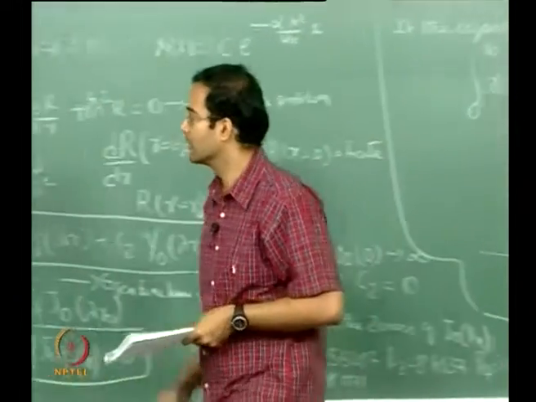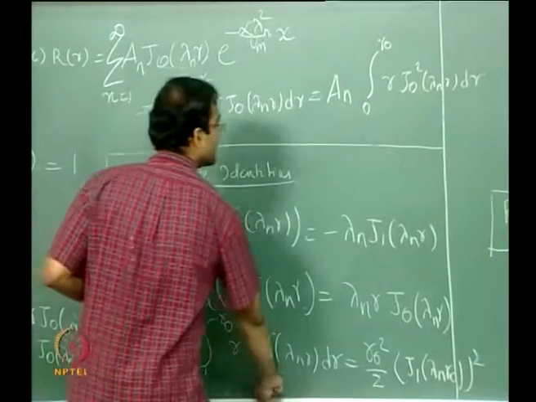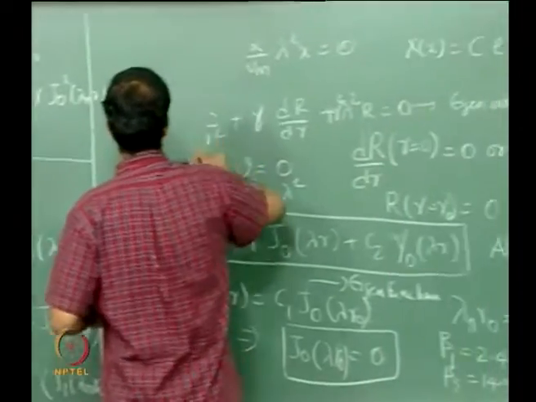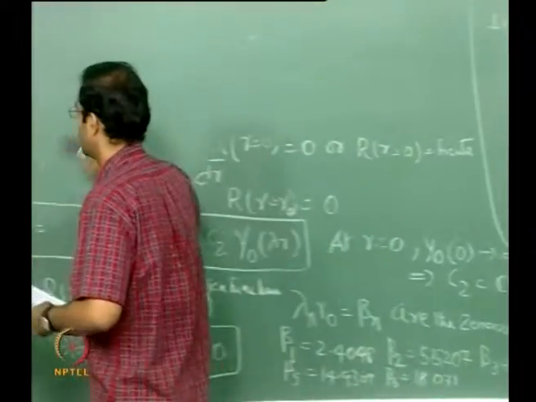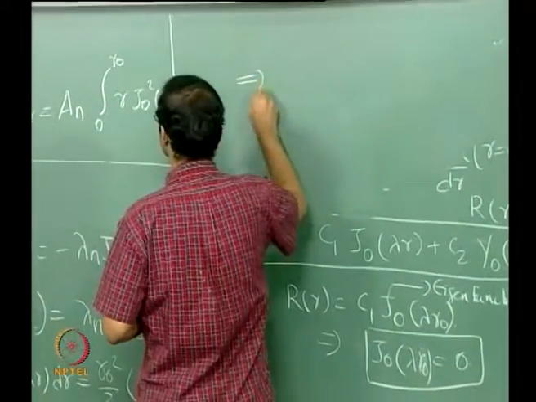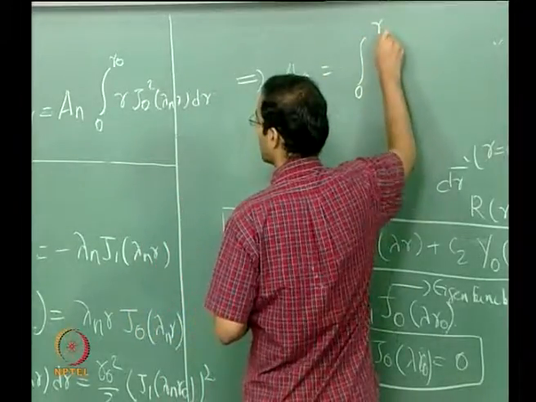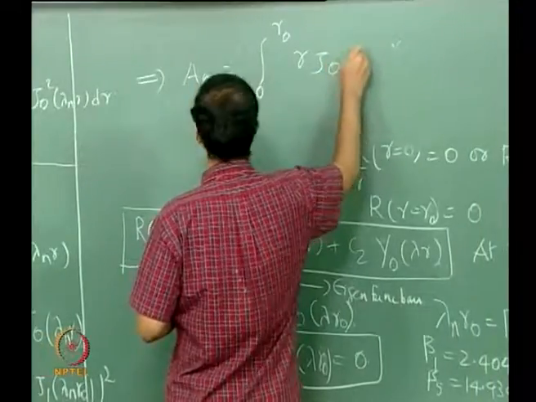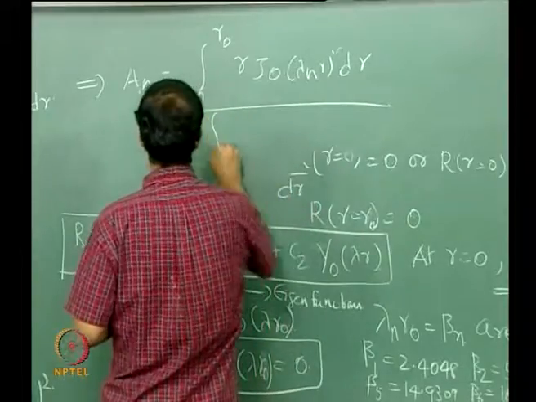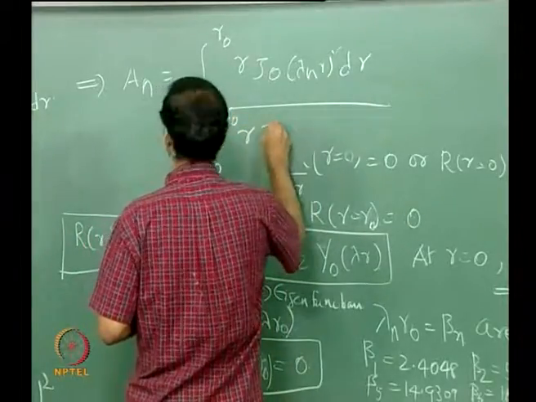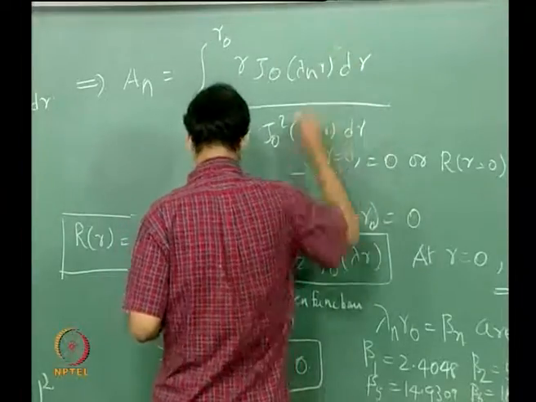So your summation is now removed, and from here directly you can calculate the value of a n. So this gives a n as 0 to r naught J naught lambda n r dr divided by 0 to r naught r J naught square lambda n r dr. Okay.